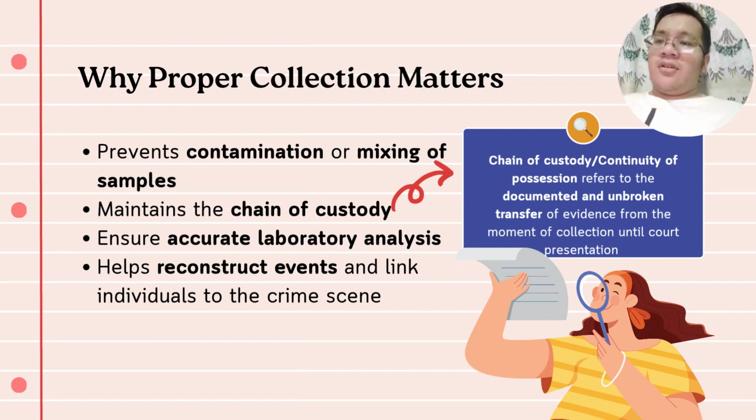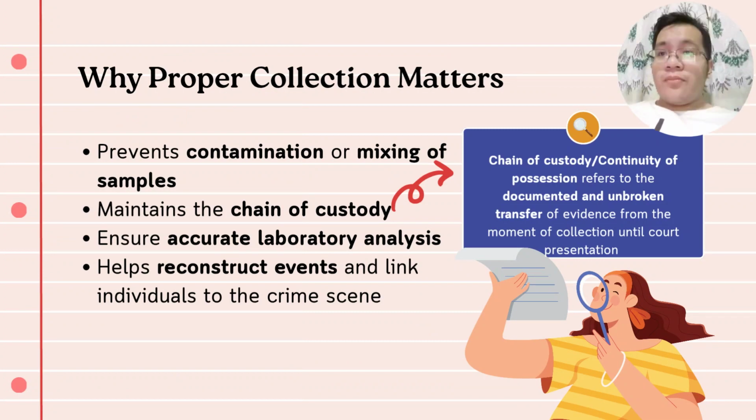And it ensures accurate laboratory results, because if we can prevent the contamination of evidence, we can ensure accurate laboratory results. And lastly, it helps reconstruct events and link the individuals to the crime scene.